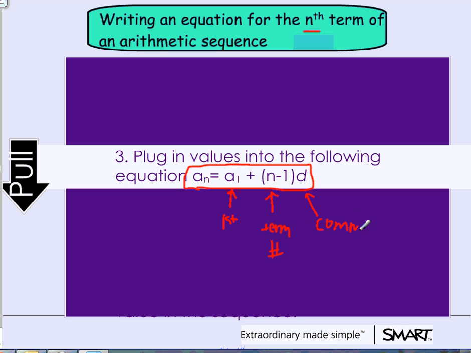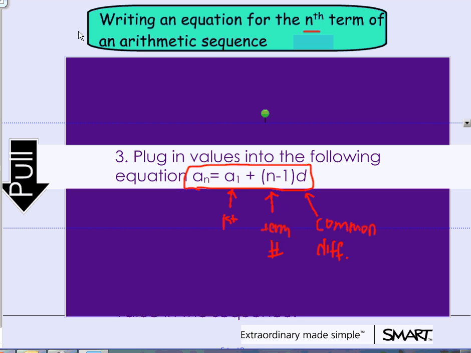meaning how much it's going up or down by, okay? So specifically, if you had like 2, 4, 6, 8, okay, you're adding 2, so it would be 2, okay?